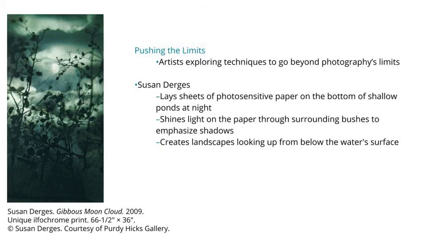Then when light shines on the paper through the surrounding bushes, it comes through the water, and the parts that receive the light end up developing and the parts that don't, don't, and then you get this. So it really emphasizes shadows, and it also creates these otherworldly landscapes looking up from below the water's surface. This one in particular is called Gibbous Moon Cloud.